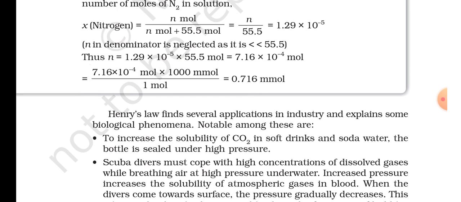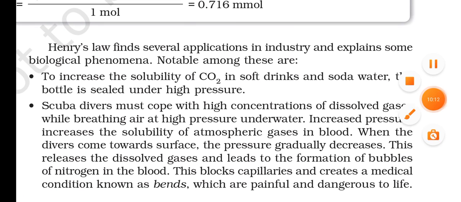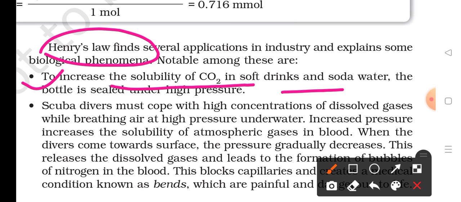Now we are going to the application part of Henry law. Remember that most of the time we see questions on this topic, the applications of Henry law. The first application is to increase the solubility of CO2 in soft drinks, so that the bottle is sealed under high pressure.